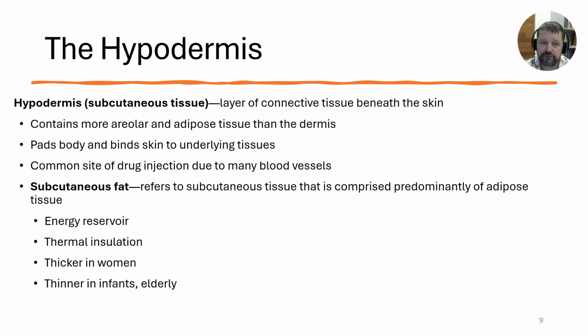Subcutaneous fat refers to tissue that is composed predominantly of adipose tissue. Again, energy reserve, thermal insulation. It's thicker in women, normally because women are associated with hormones needed for reproduction.